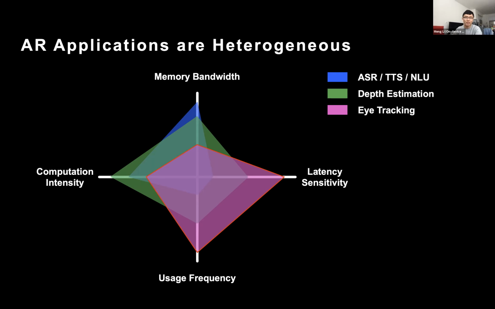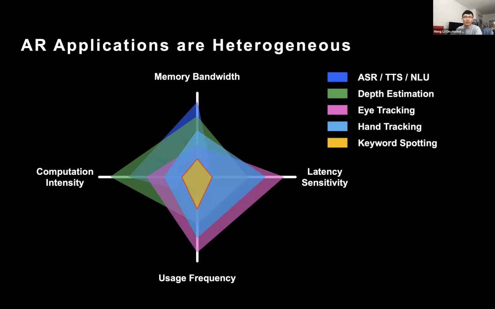And therefore, the computation intensity and memory bandwidth per inference is much lower compared to depth estimation or ASR applications. We also have other applications, including hand tracking, keyword spotting, and so on and so forth. And all these models have very different properties and characteristics, which demonstrate the high heterogeneity of the applications.